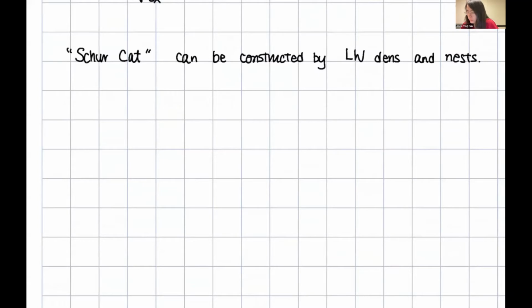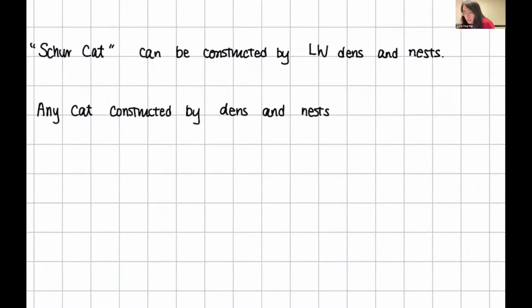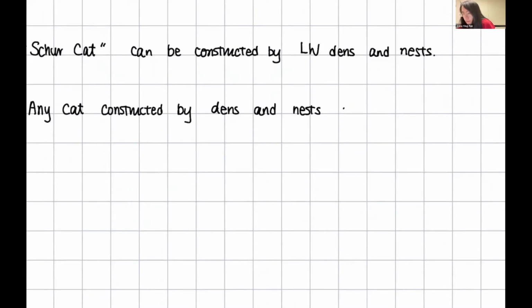Our main theorem actually is more general, saying that any cat constructed by dense and nest, you don't need to be Loehr Warrington style, just dense and nest, has an LLT series expansion.